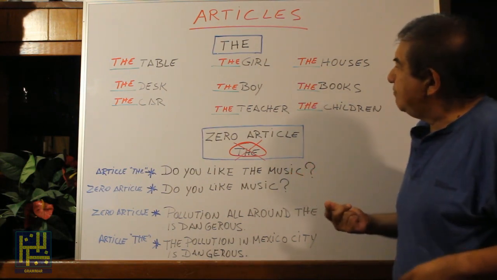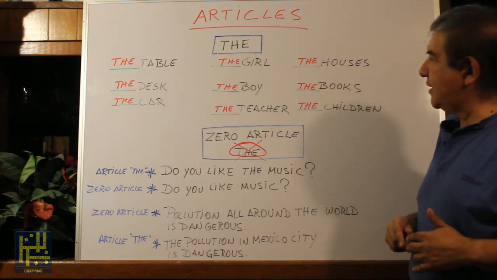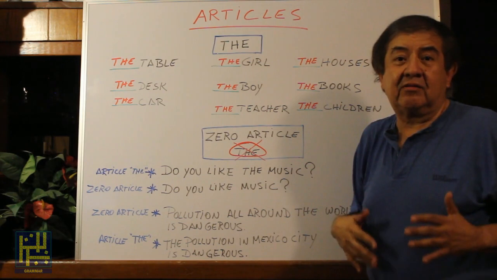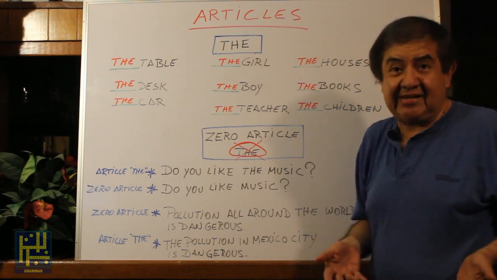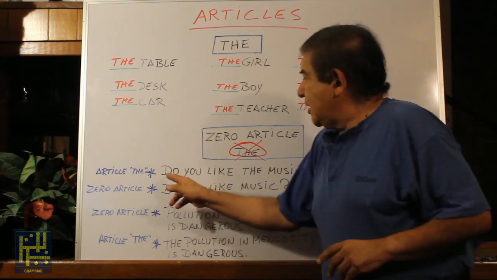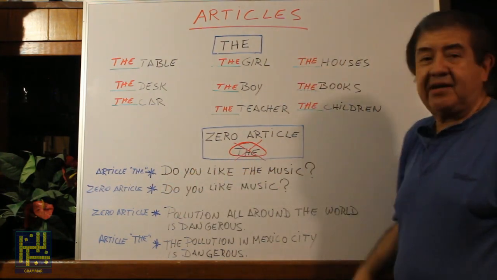Okay? Now, let's talk about the zero article. The zero article is when you don't need to use the article the because it is implicit in English. Okay? Let's see, for example. If you ask a person, do you like the music? Okay?